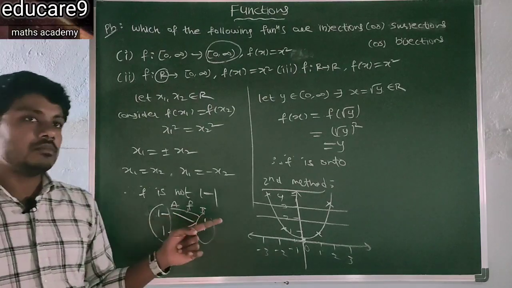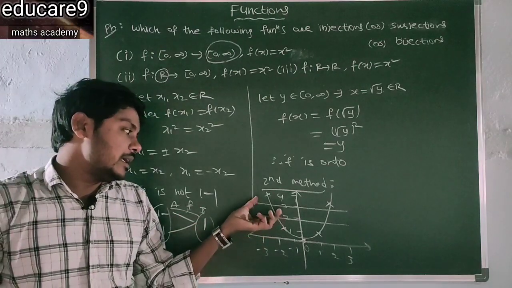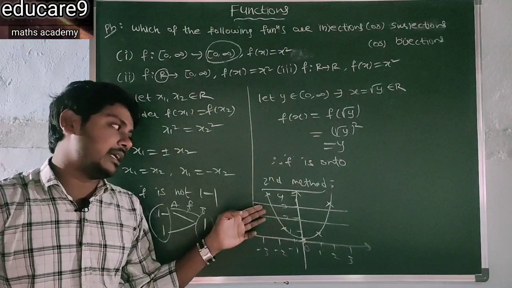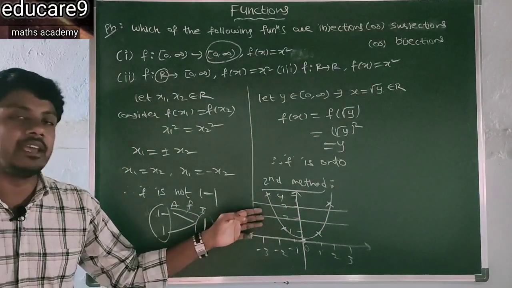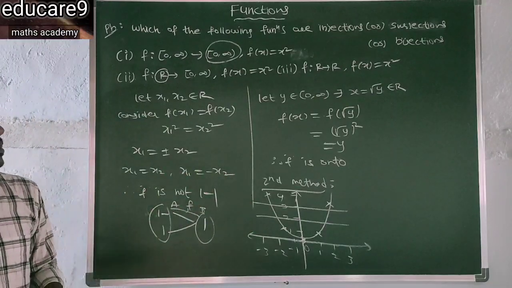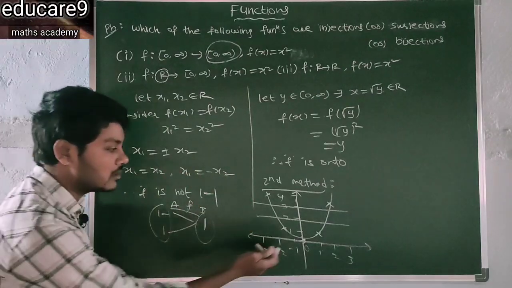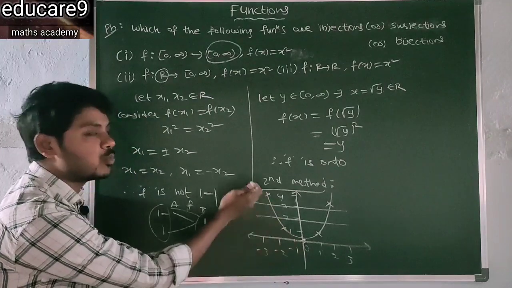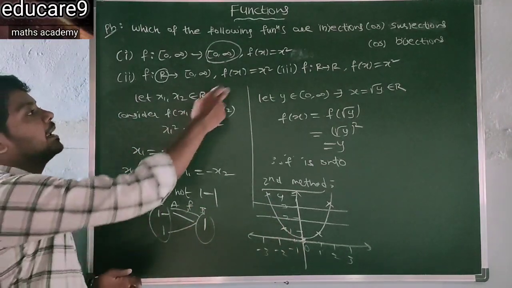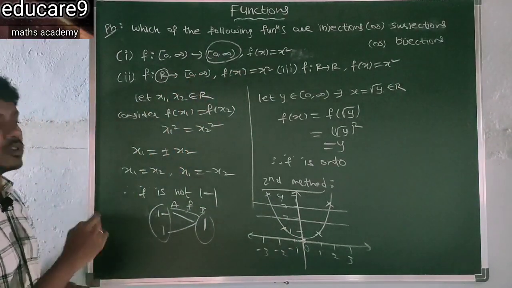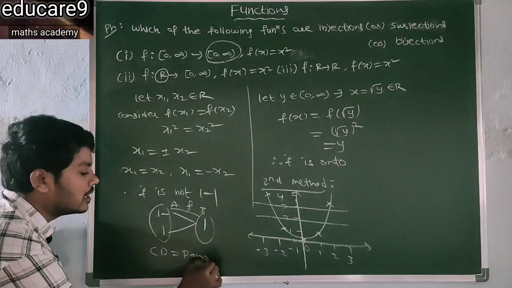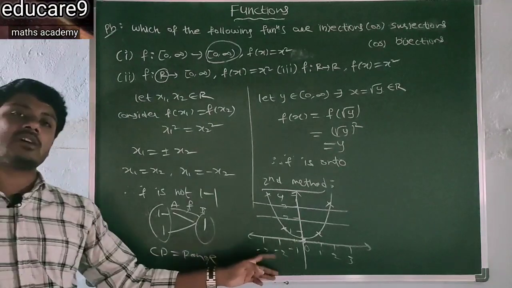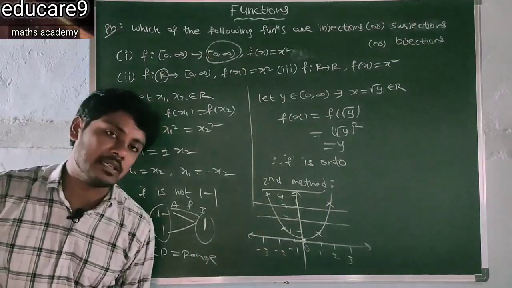For onto, each and every horizontal line touches the given graph at least one point. So in that case f is onto. What is the range here? The range is the y values, that is 0 to infinity, and the codomain is also 0 to infinity. So codomain is equal to range. In this case, f is onto, that is a surjection.